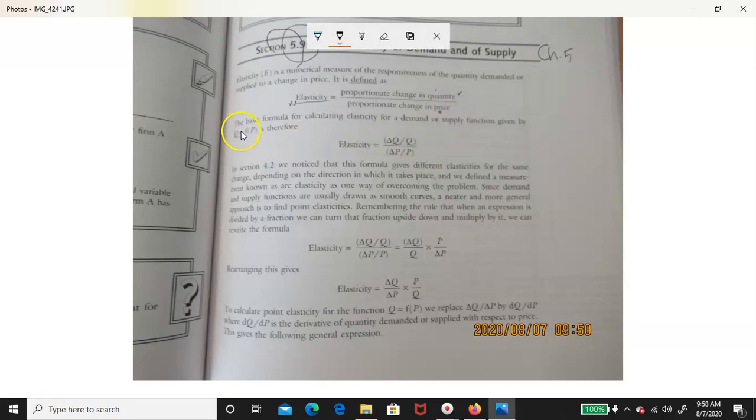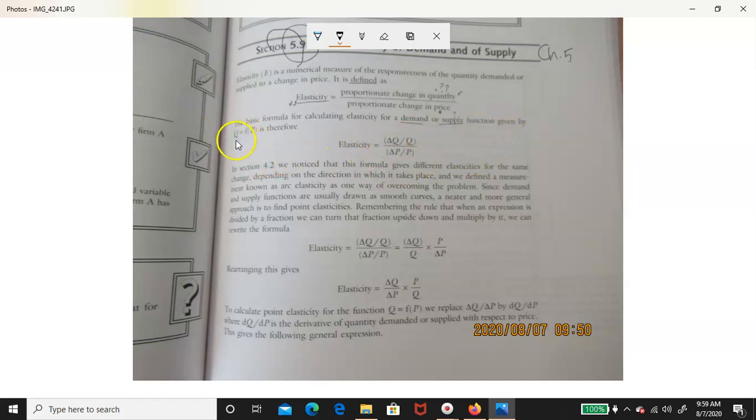We will show you the basic formula for calculating elasticity for a demand or supply function. If this is quantity demanded, then we can measure it, and this is elasticity of demand. If this one is supply, then it will be elasticity of supply, right?